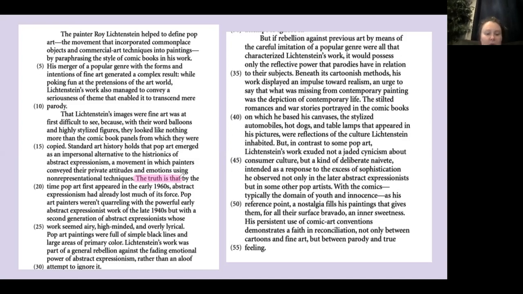Pop art paintings were full of simple black lines in large areas of primary color. L's work was part of a general rebellion against the fading emotional power of abstract expressionism rather than an aloof attempt to ignore it. So we're saying it's just a rebellion against the fading emotional power rather than an attempt to completely ignore it.